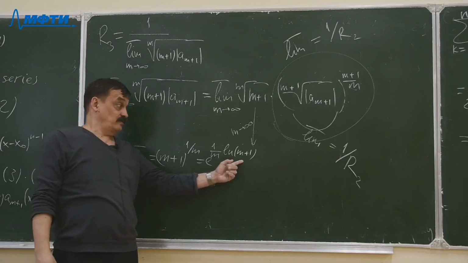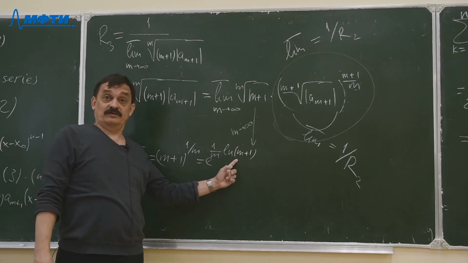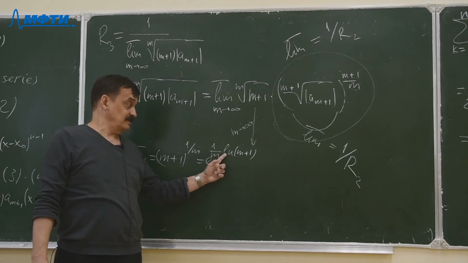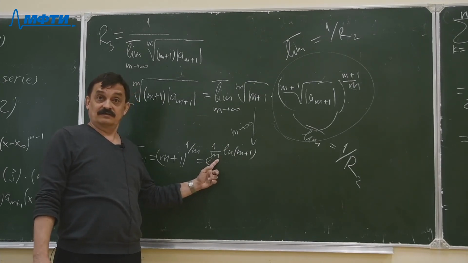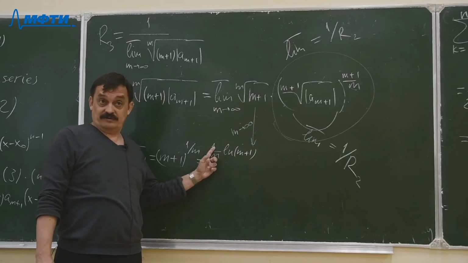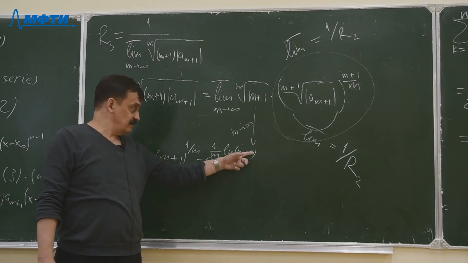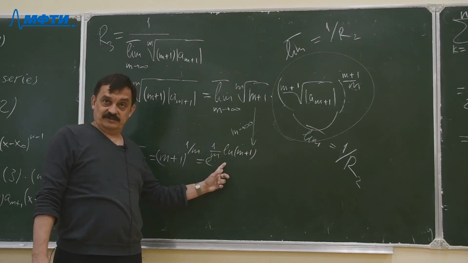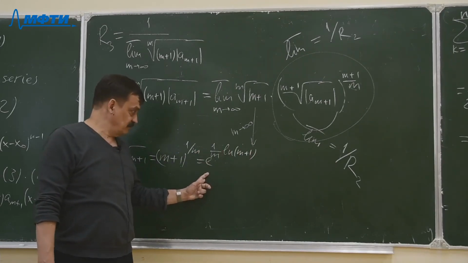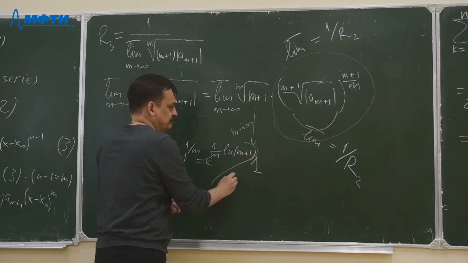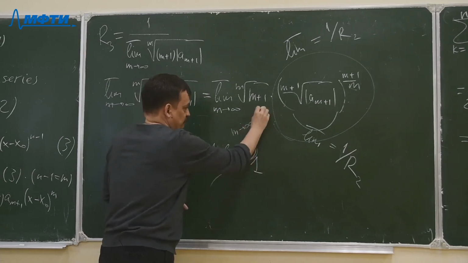So we know the exponent tends to 0 because the logarithm tends to infinity slower than m. Hence, the limit of the exponent is 0, so this tends to 1.